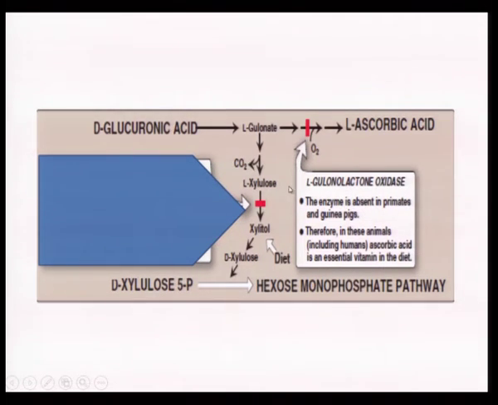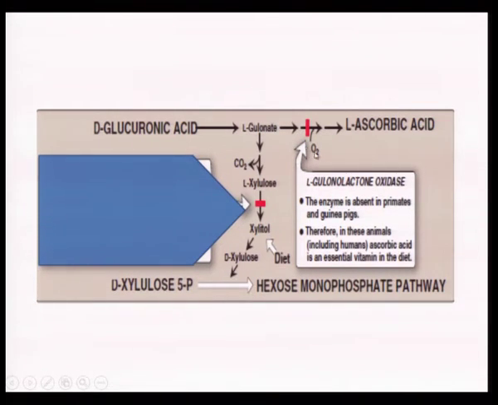So this particular enzyme, L-gluconolactone oxidase, is absent in primates and guinea pigs, and because of this we are not able to form L-ascorbic acid from L-gluconate. So this is basically the D-xylulose 5-phosphate which enters the hexose monophosphate pathway.